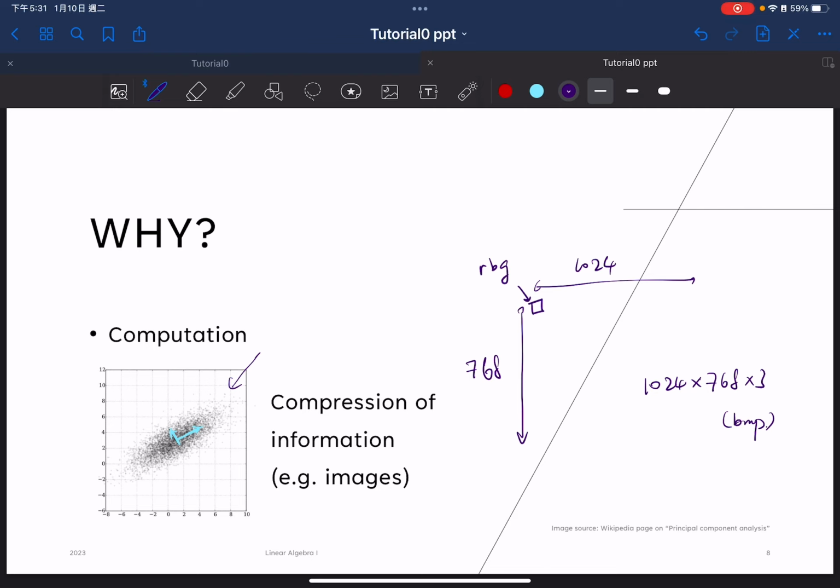Usually what it does is to extract main features from the image. There are some main features of the image.